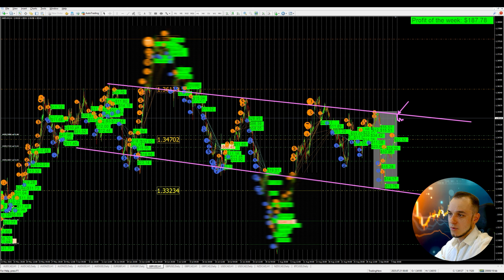So this kind of movement is just another correction wave in the frames of this downward trend, and we really hope that sooner or later we'll go down and close our trades that we are holding since April.